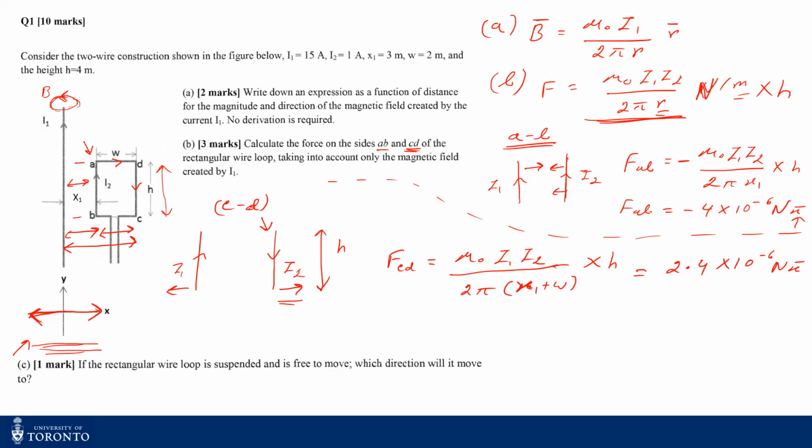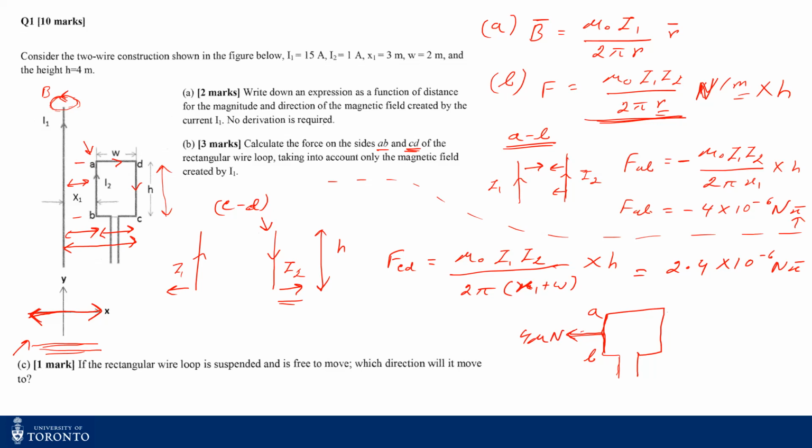So that's your FCD. Now for part C, they are asking, if the rectangular wire loop is suspended and free to move, which direction will it move? We know that for the side AB there is a negative-direction force, in the left-hand direction, which is 4 micronewton.